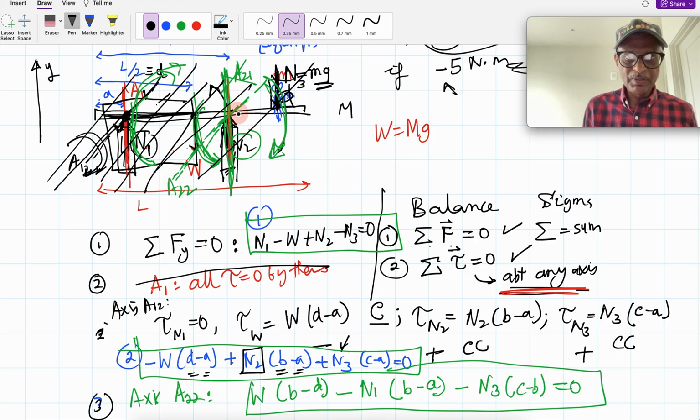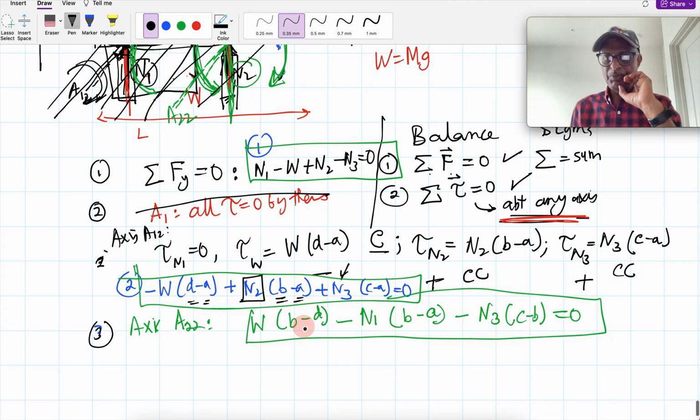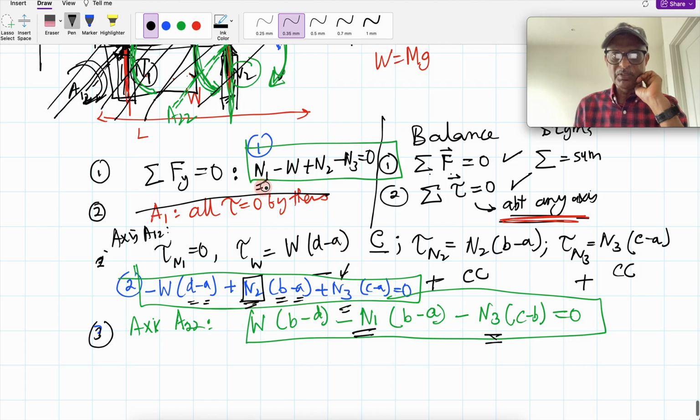The reason you try this and this axis is that it simplifies some of the formulas. Like this one gives you just N1, N3. This gives N2 and N3. But N1, N2, and N3 are already included here, in how they're going to work out.